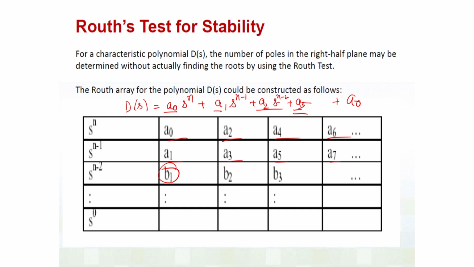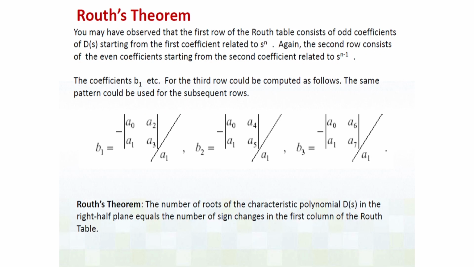Now, in order to construct this row, you have to consider this one as the pivot of the row, and then every term can be defined in a way that b1 is minus the determinant of a0, a2, a1, a3 divided by a1, b2 is minus the determinant of a0, a4, a1, a5 divided by a1, and b3 is also like that.